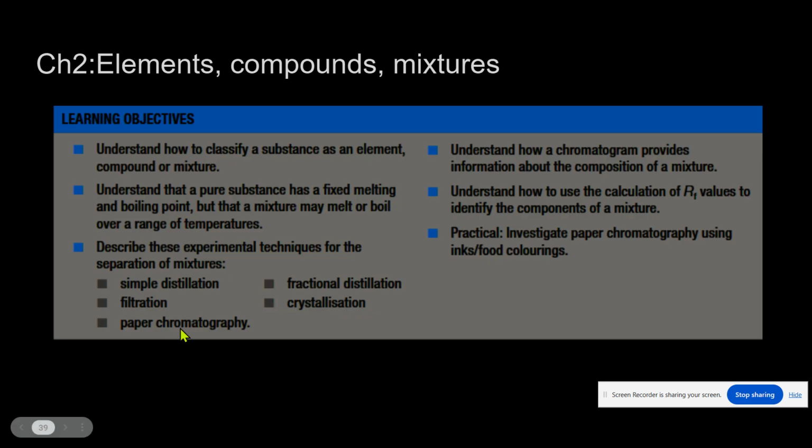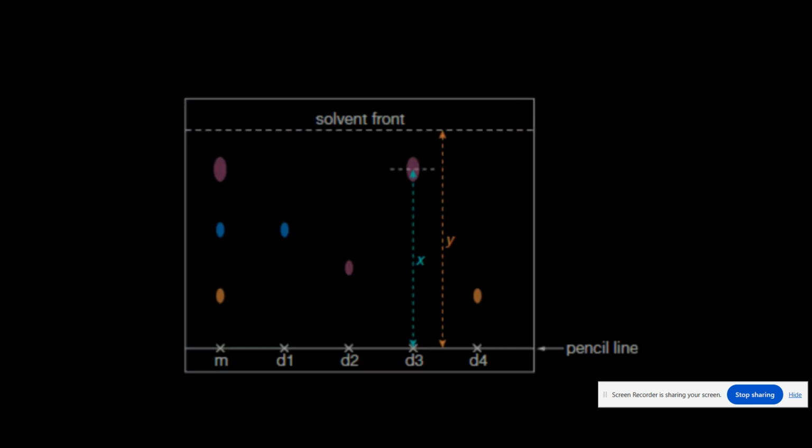Paper chromatography uses different speeds when traveling along the chromatography paper. Usually, water travels the fastest. Water reaches this point. The purple spot traveled this much. The blue one traveled this much. The orange one traveled this much, meaning the orange one moves slowest.